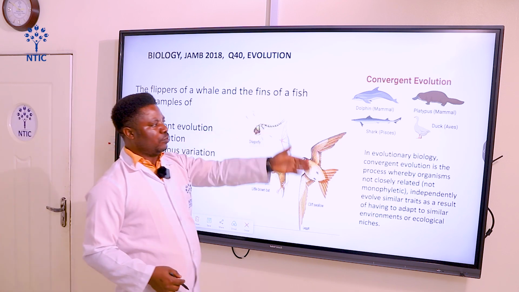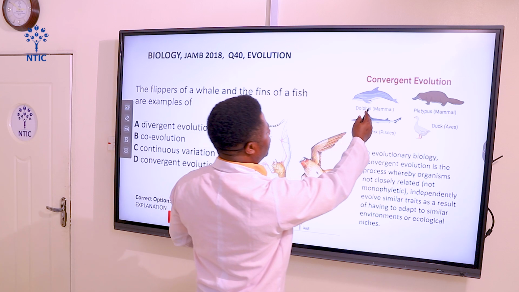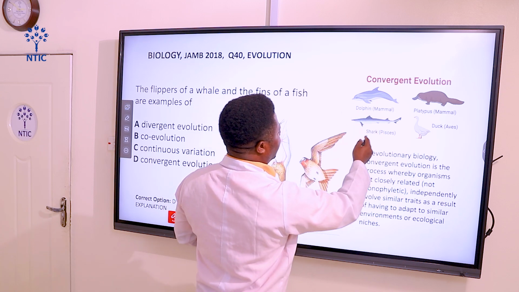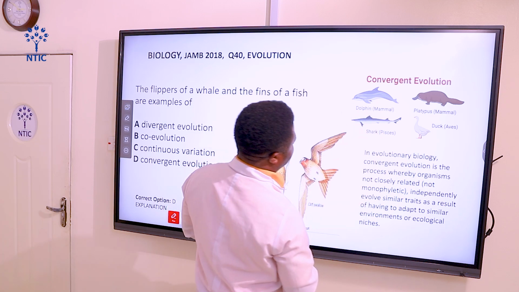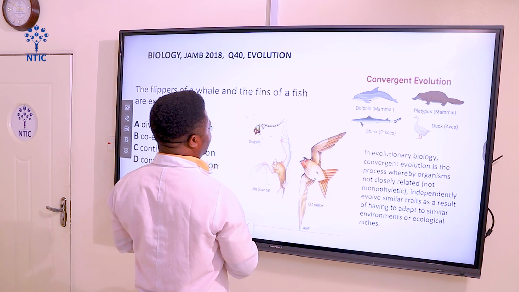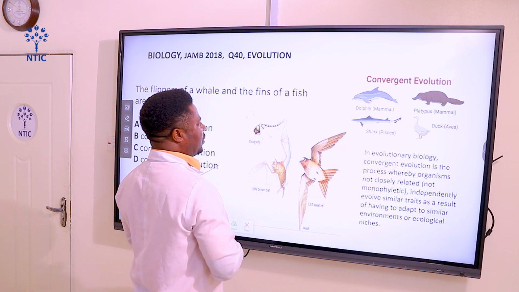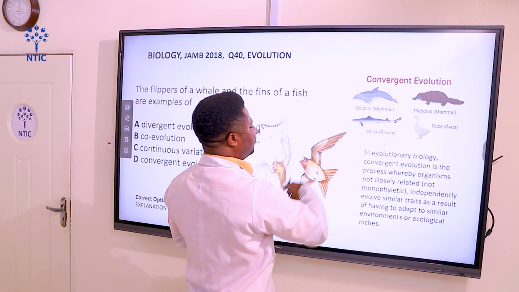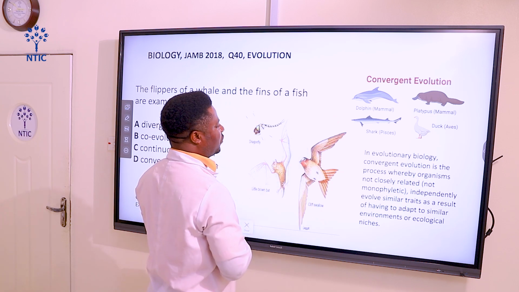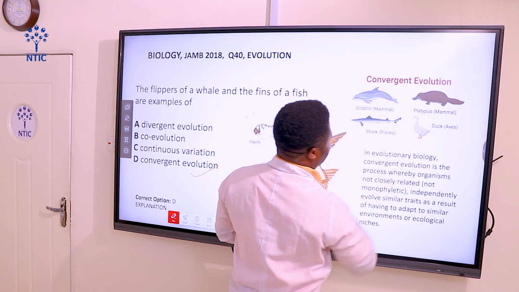If you look up here, you will also see some common examples. We have dolphins with a streamlined body. We have shark too, which also has a streamlined body. These two organisms never originated from the same ancestor, but because of the need to explore the environment they live in, they have evolved a shape that will enable them to live successfully in that environment. Now go to the platypus that lays eggs. This one too lays eggs.